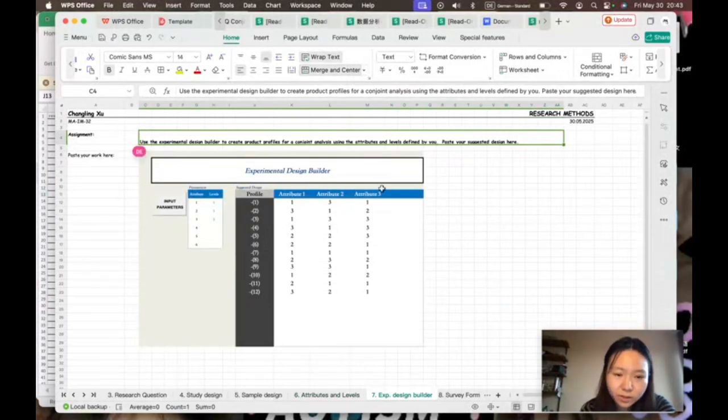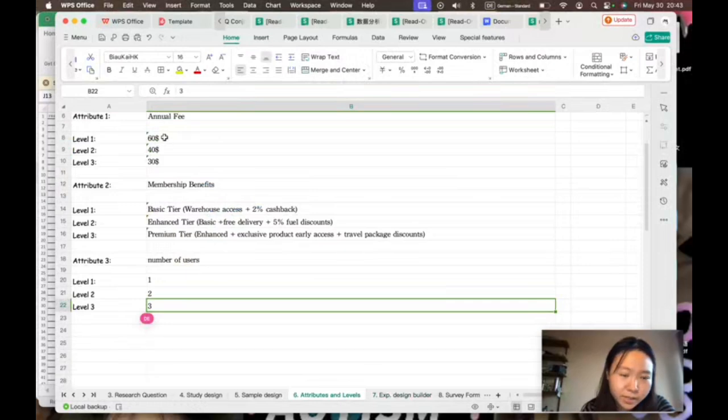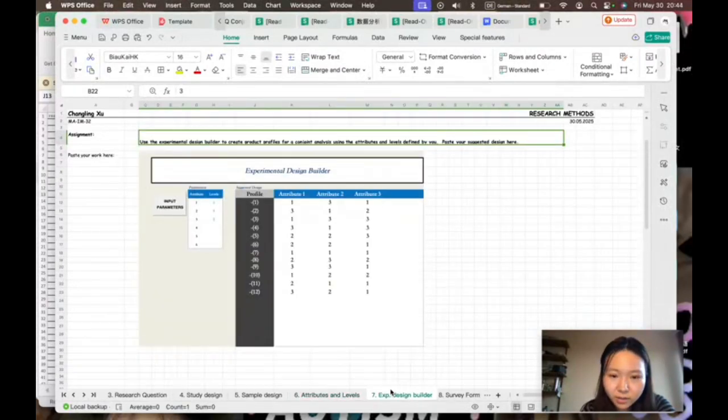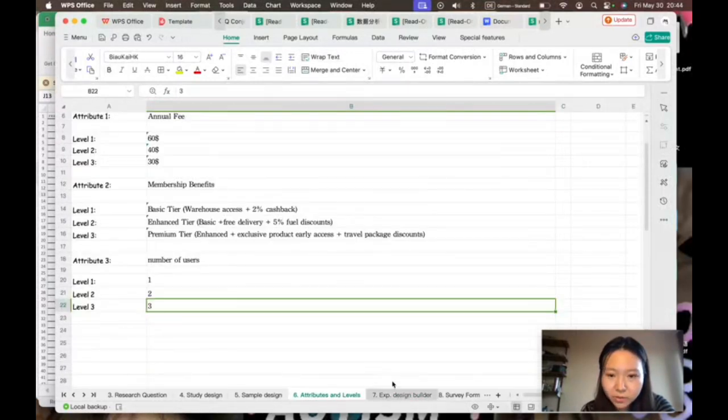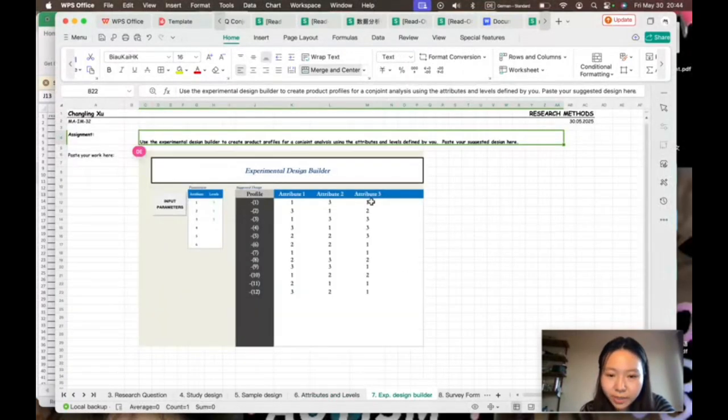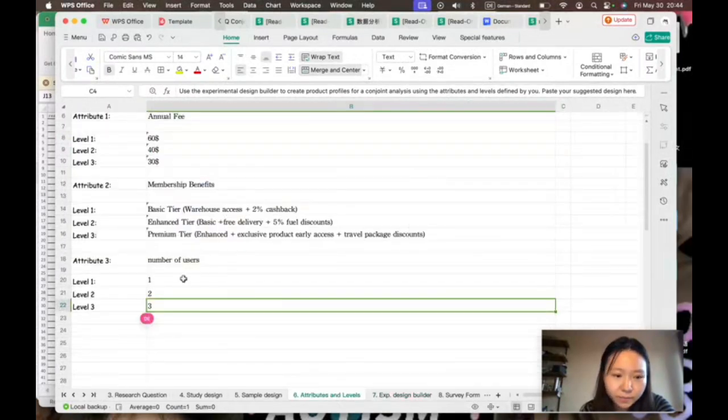This includes 12 profiles. For attribute 1, it means $60, and like this for the second attribute, and also attribute 3, like this one, one user.